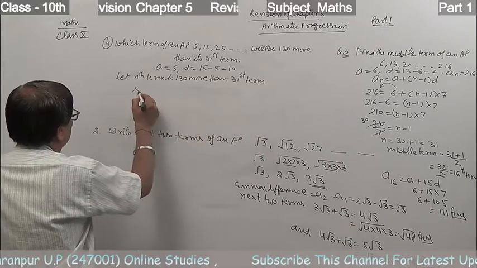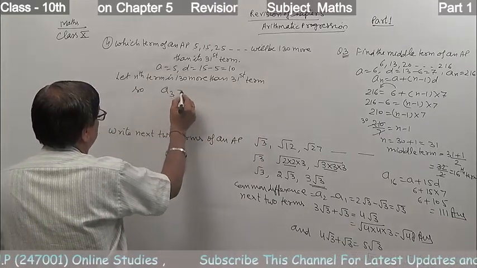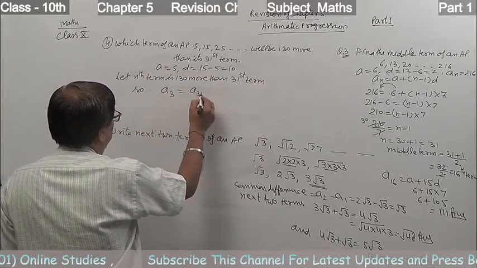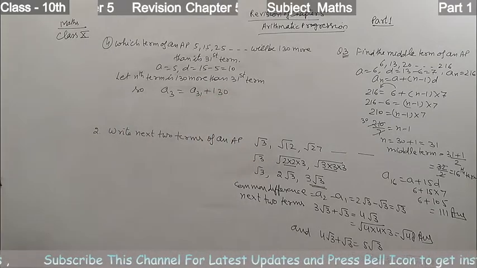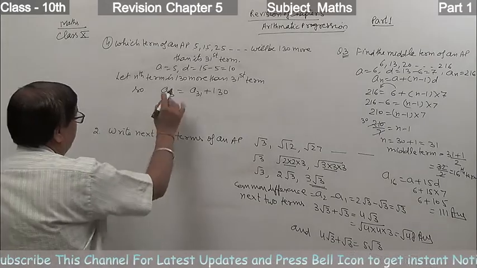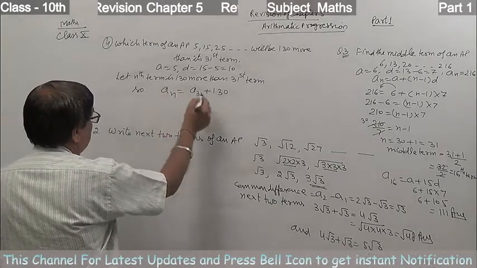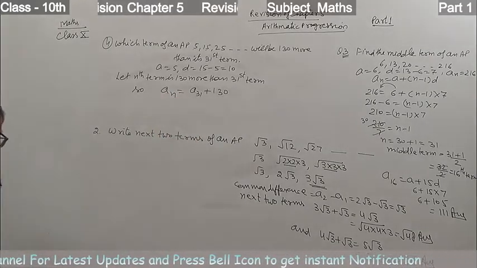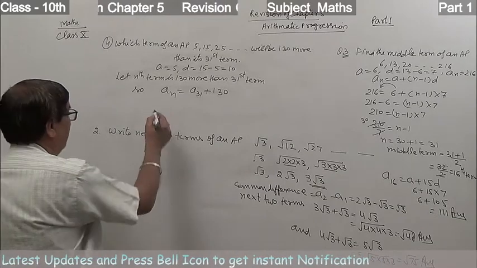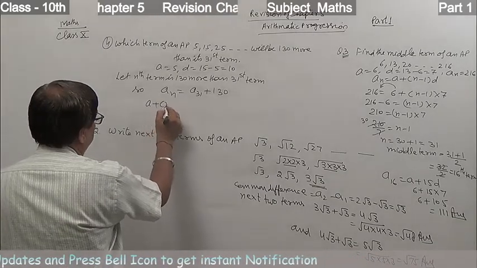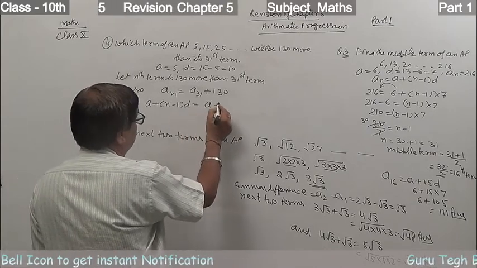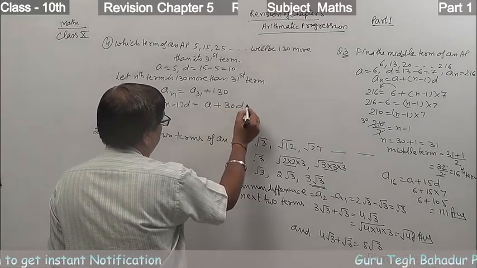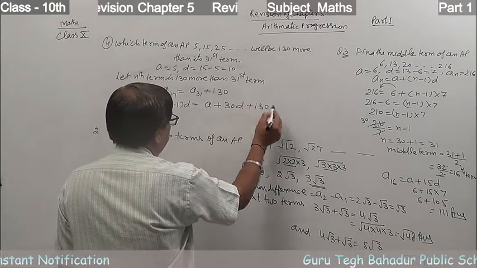So a_n is equal to a31 plus 130. a_n is a plus (n minus 1) into d, and a31 is a plus 30d, plus 130.